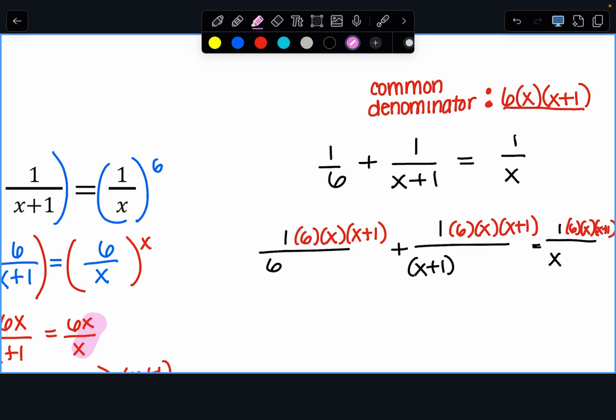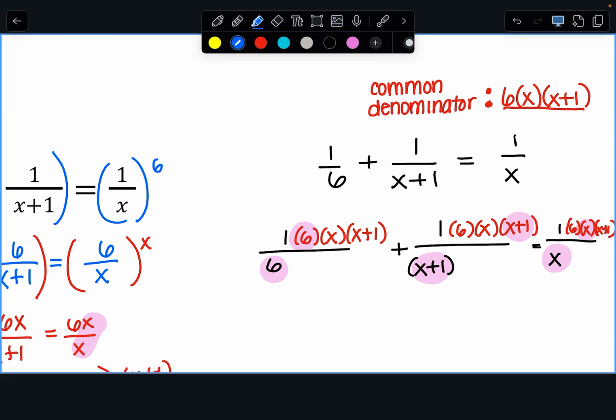Because when I do that, these 6's cancel in that first fraction. Okay. The x plus 1 cancels in that second fraction. And the x cancels in that last one.